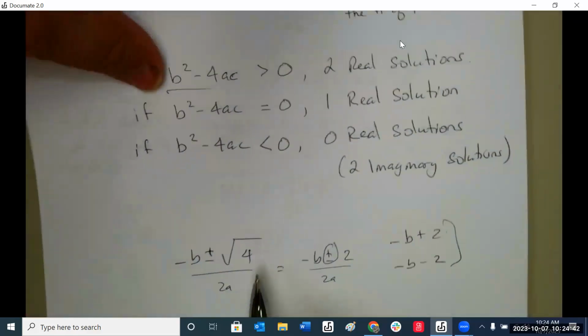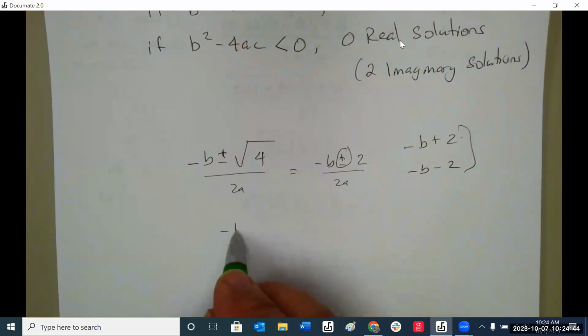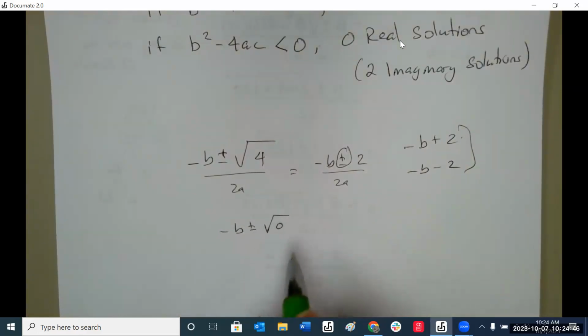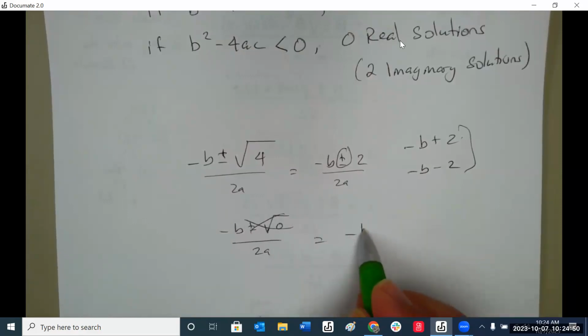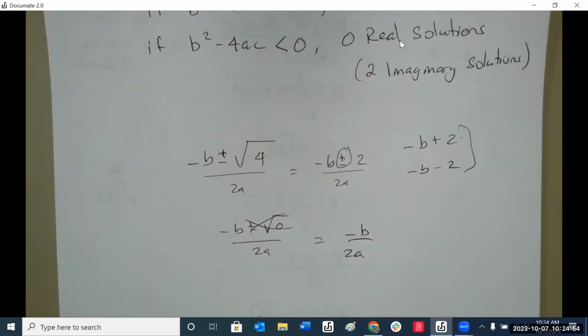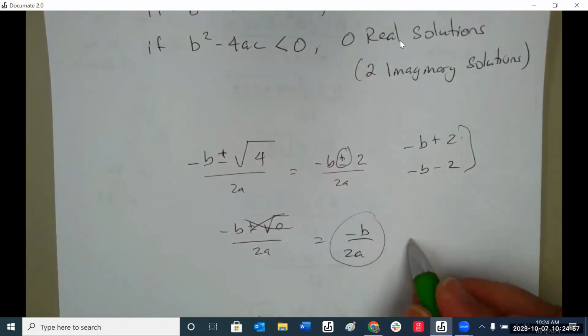If it's equal to 0, then we only have negative b over 2a, that. And this is our axis of symmetry.